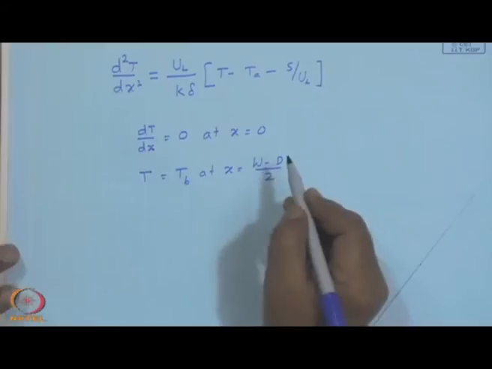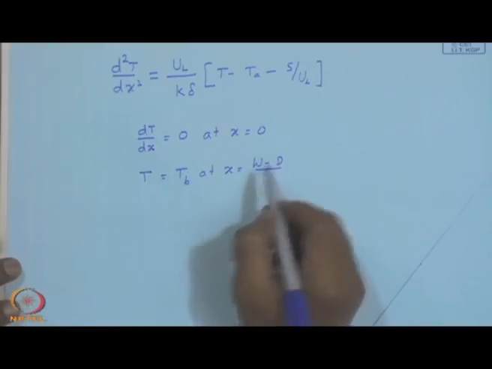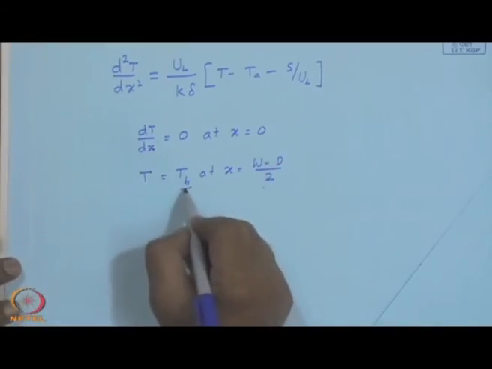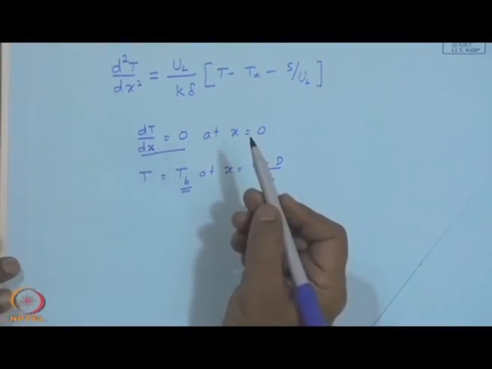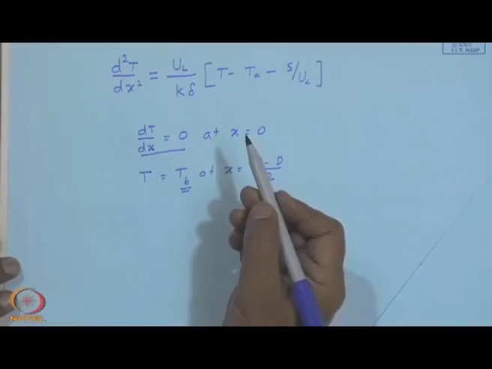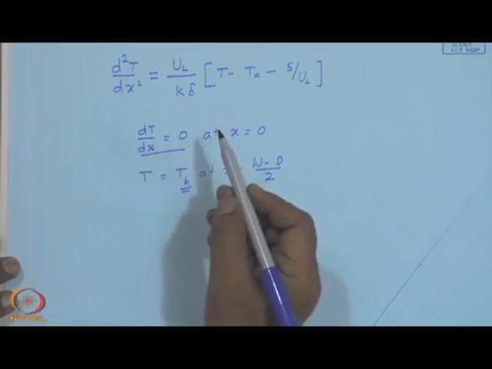And by virtue of symmetry, we call the insulated condition in heat transfer terminology, because dT/dx is 0.